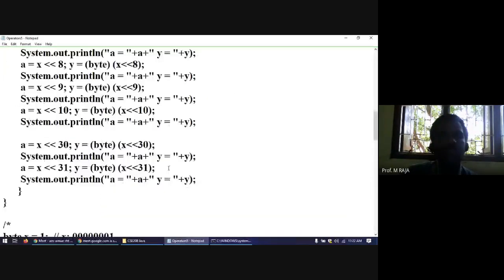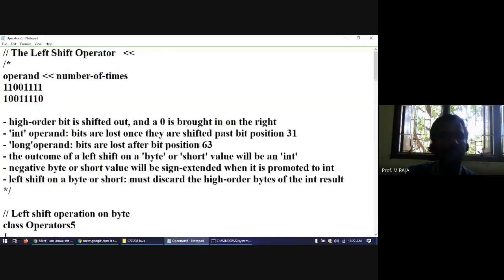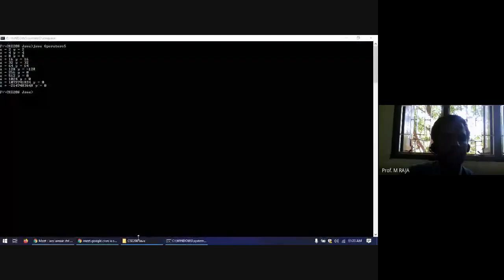Then in case of a long operand, after the 63rd bit position, the 64th is actually the MSB, the sign bit position, so the corresponding bits will be lost. In case of negative byte or short values, when performing the bitwise left shift operation, the sign will be extended. You check it in the next example I show you.